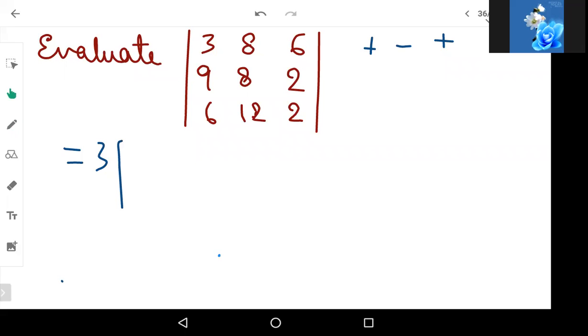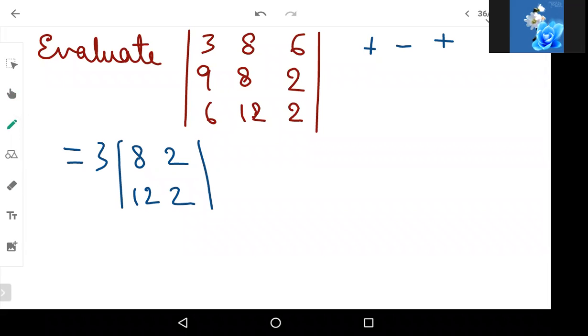Good, very good. So we'll have to take 8, 2, 12 and 2. I want others also to answer. This is a compulsory question in your examination. Okay, so this was the first element.